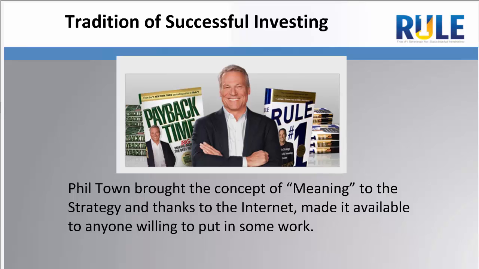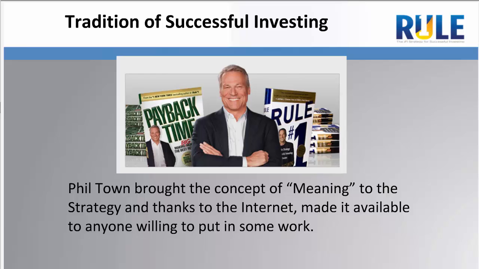Now, my brother Phil has written a couple of best-selling books. He figured out around 2000, number one, that people were just getting their butts kicked in the market from the internet bubble bursting. But people like Warren Buffett and Phil Town, who weren't caught up in the craziness and the mispricing of stocks in that market, realized people just don't know what they're doing.